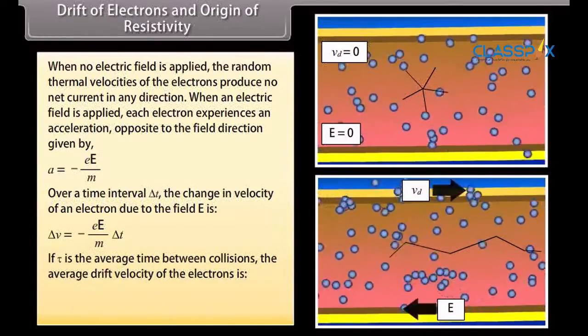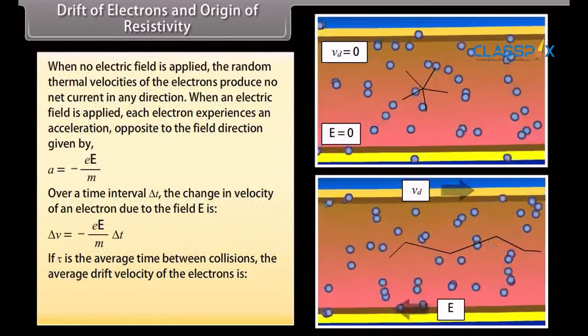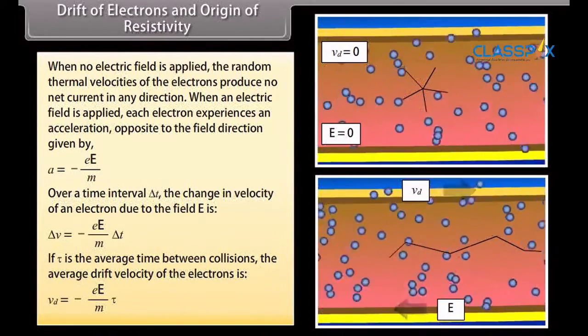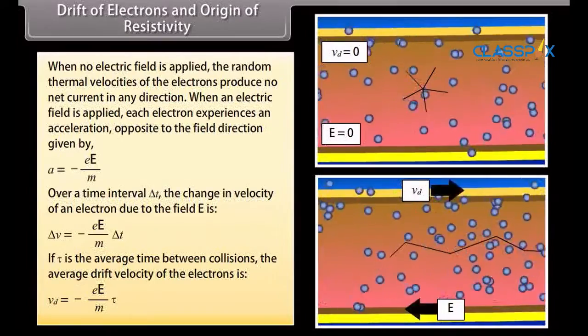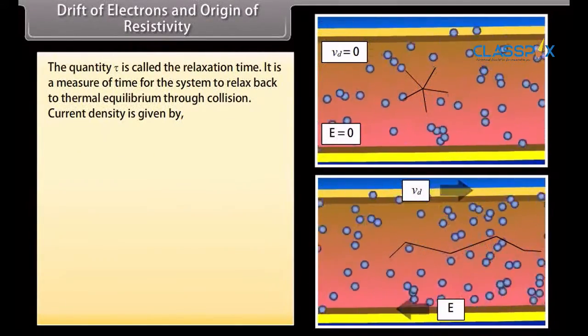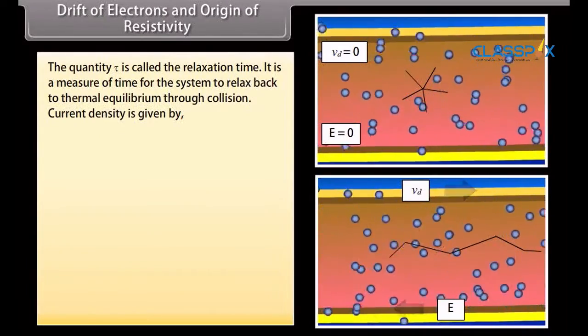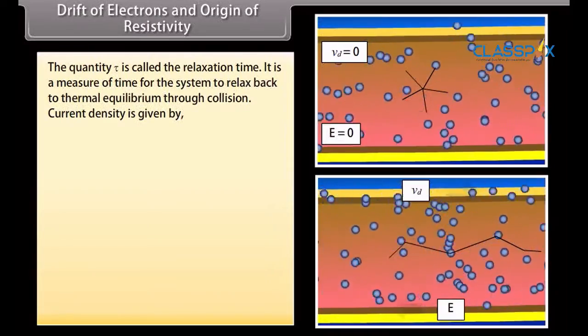If tau is the average time between collisions, the average drift velocity of the electrons is equal to the product of acceleration and tau. The quantity tau is called the relaxation time. It is a measure of time for the system to relax back to thermal equilibrium through collision.